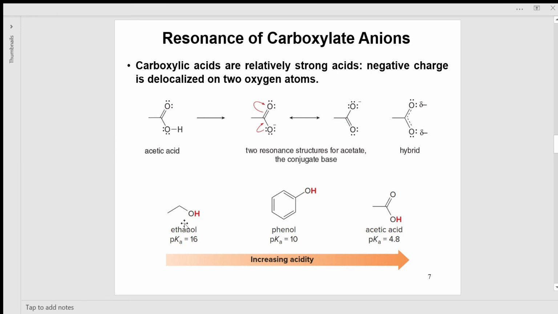This is ethanol. So it is much easier for phenol to provide a proton than for the alcohol ethanol, although it is harder for phenol to provide a proton than for acetic acid.